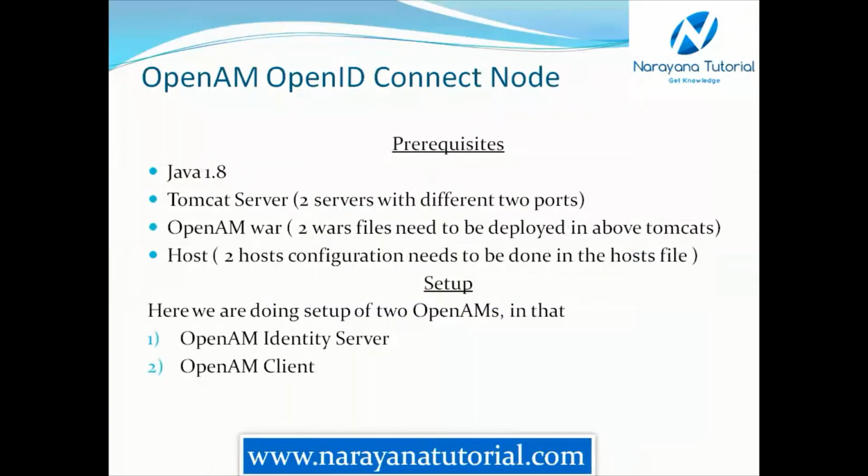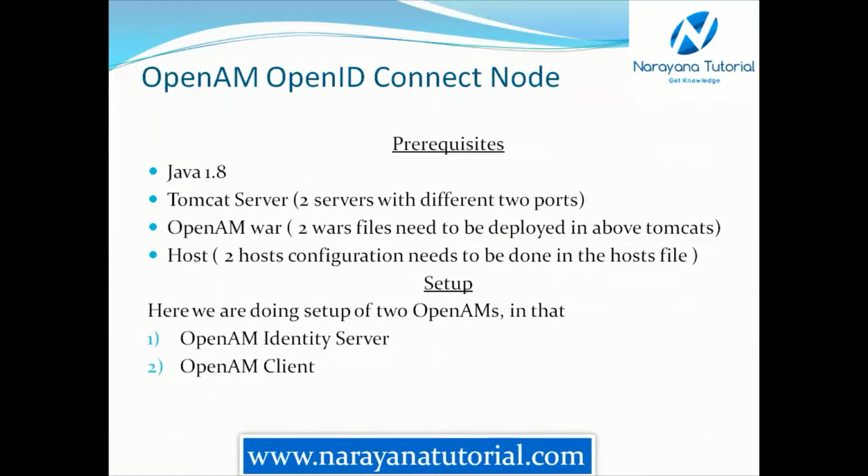What are the prerequisites for this setup? Java 1.8 to be installed on the system, and two Tomcat servers with two different ports. Because we are setting up this complete setup on the same system, we need two Tomcat servers with different ports, and two OpenAM WAR files to be deployed on the Tomcat servers.